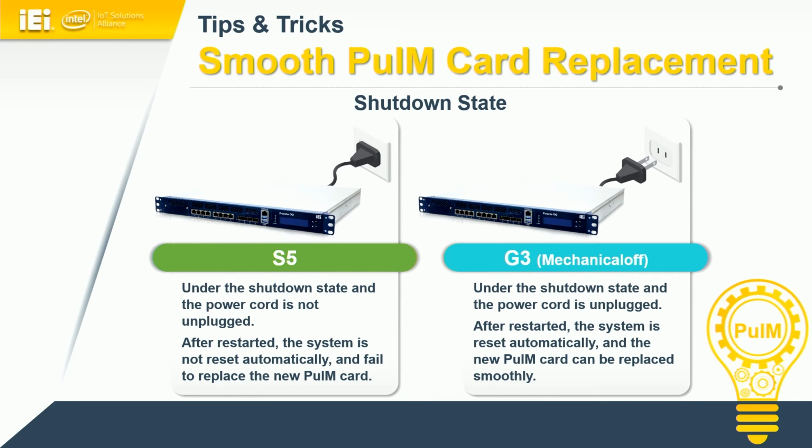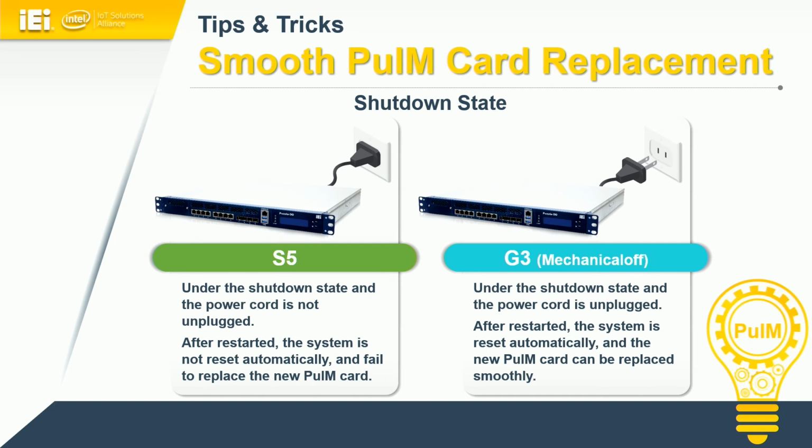So if the system is switched off without unplugging the power cord, it is in S5 state, not G3 state. Assume the dual PCIe by 4 card is in slot B at the beginning, and you replace it with the PCIe by 2 card in the S5 state.